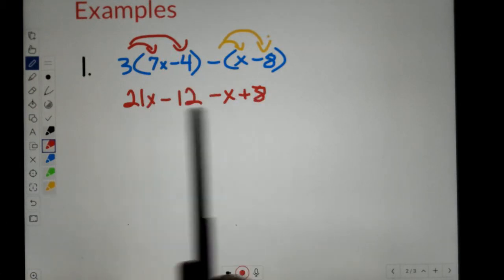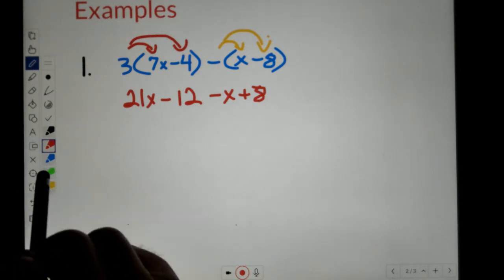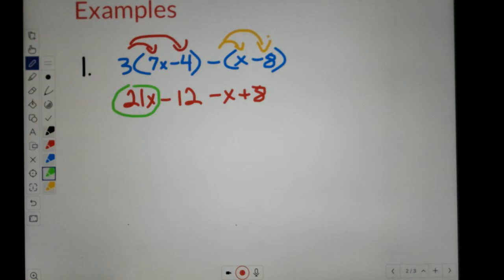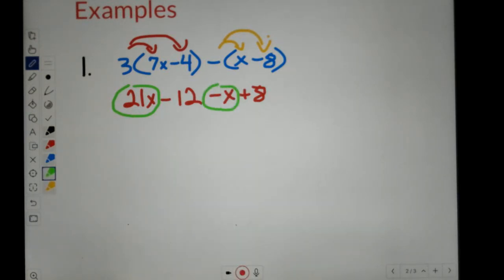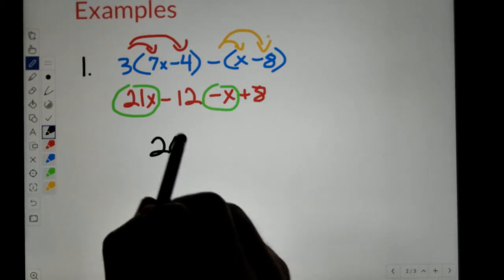But we have like terms here that we need to combine. So our like terms, we have a 21x and a minus x that we need to combine. All right, so when we combine those, 21x minus x, we get 20x.